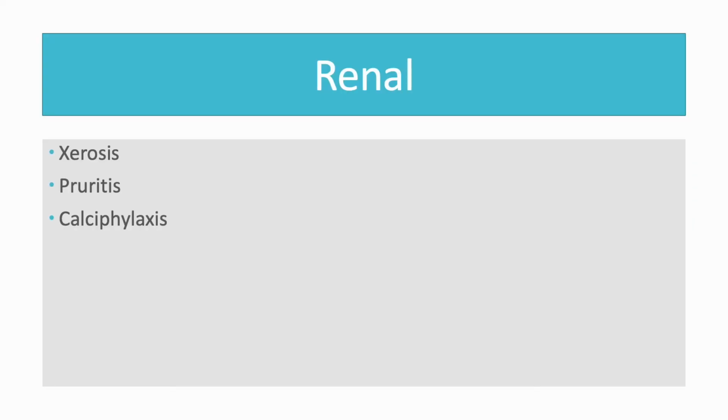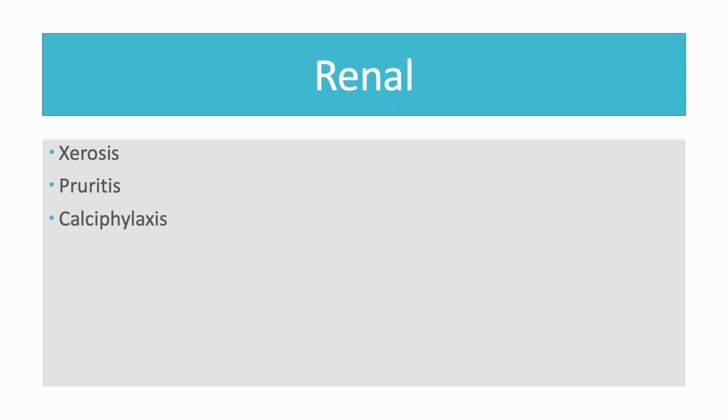The skin can be affected in renal disease. The commonest condition we see is xerosis, or dryness of the skin, particularly in those undergoing long-standing renal dialysis. Itch can be a presentation of renal disease, or can be a problem in long-standing renal failure.